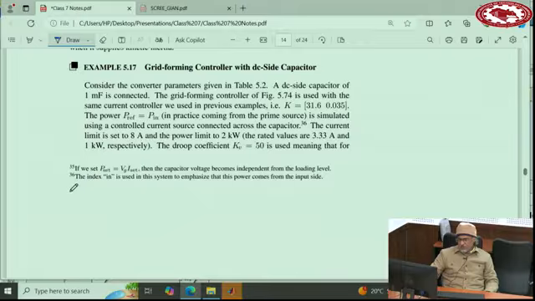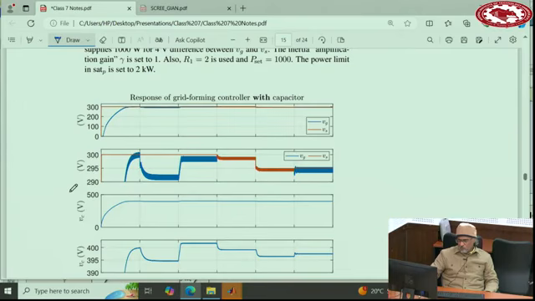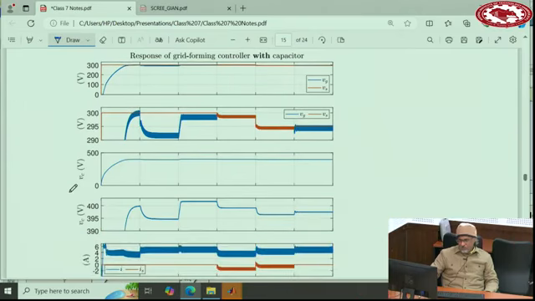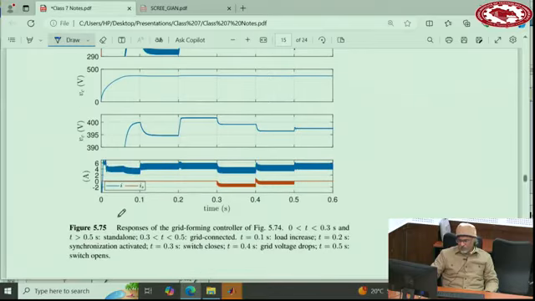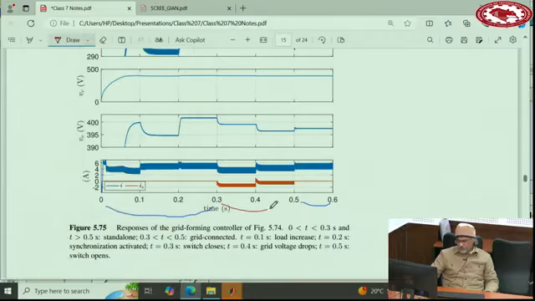Okay, and examples and designs are done here. Pretty much the same responses, though if you look, they tend to be smoother than the other one. Again, from here to here is disconnected from the grid, and again here disconnected from the grid, and the other part is connected to the grid. When disconnected from the grid, the disturbance you can apply is to change the load.